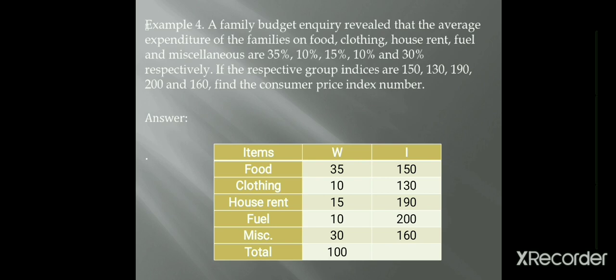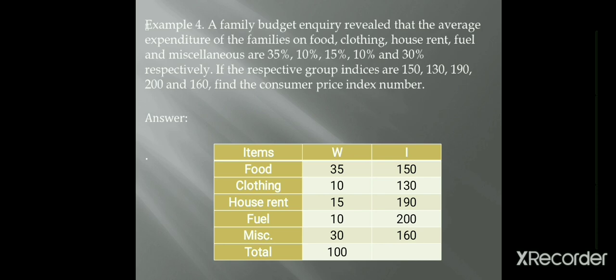If the respective group indices are 150, 130, 190, 200 and 160, find the consumer price index number.